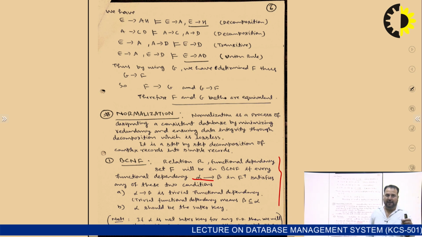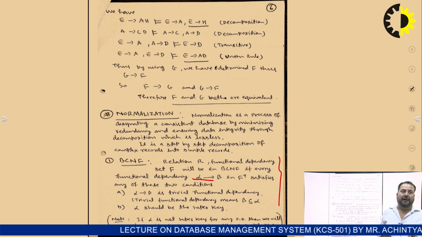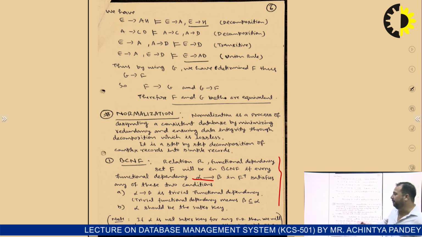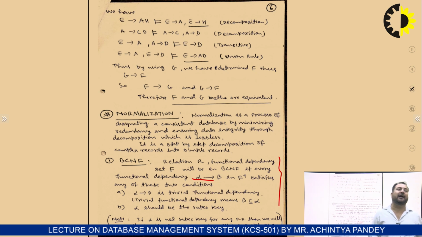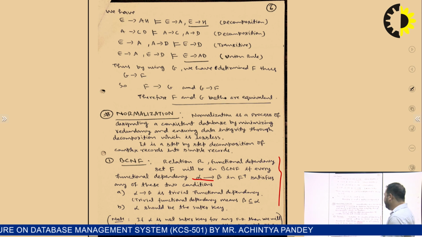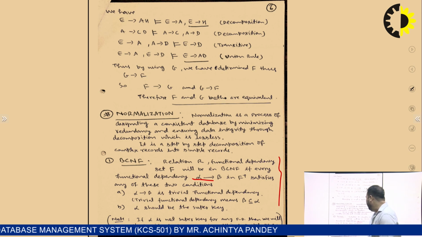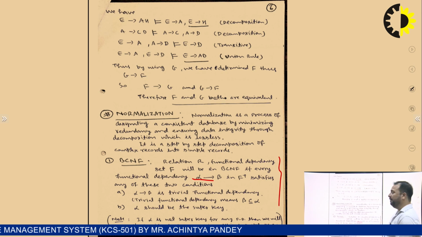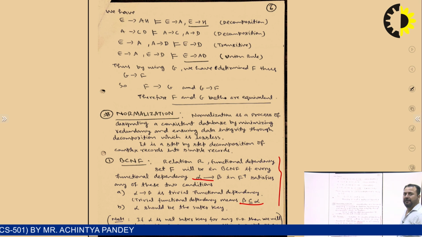For every FD of the given relation, if it satisfies any of these two conditions, then we can say it will be in that normal form. And what is the condition? Either the FD is a trivial functional dependency. Trivial means that the right hand side is a subset of the left hand side of the given FD.